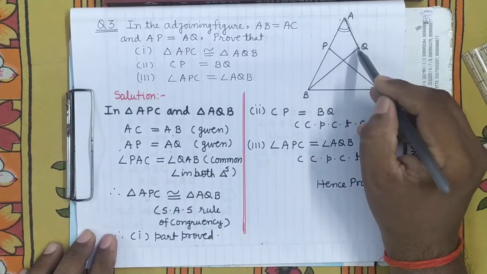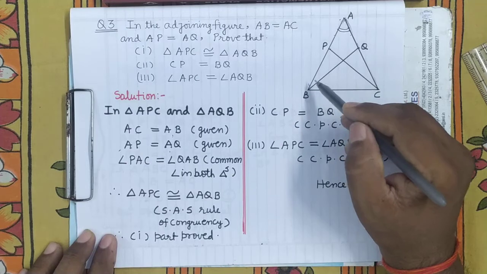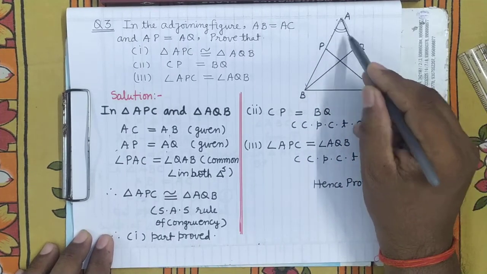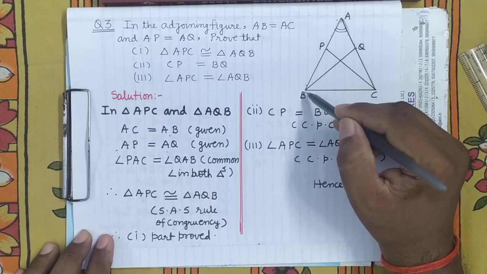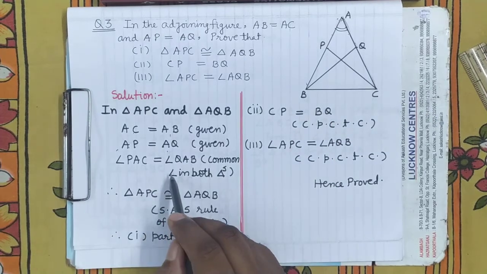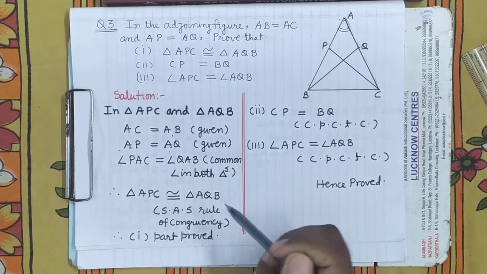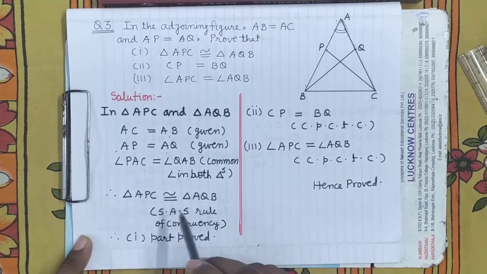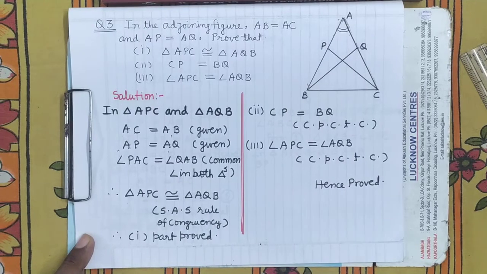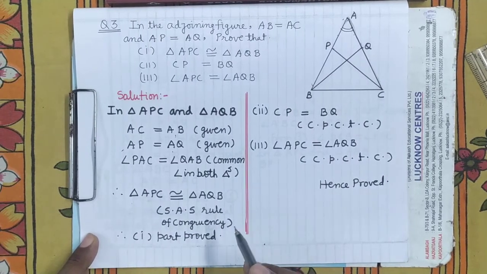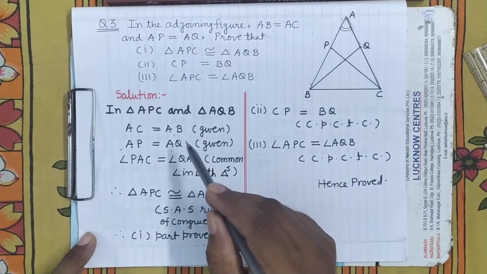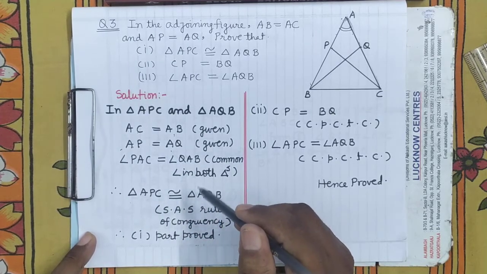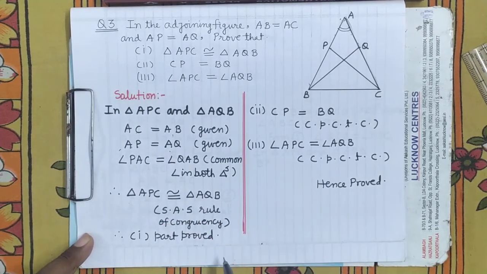So angle PAC equals angle QAB because it is common in both triangles. Therefore, triangle APC is congruent to triangle AQB by SAS: two sides and the angle included by them.